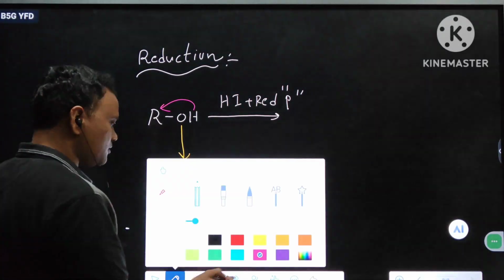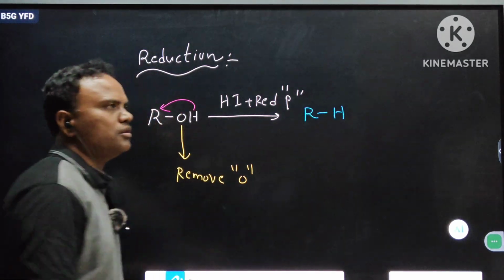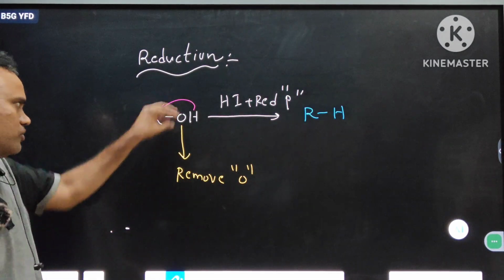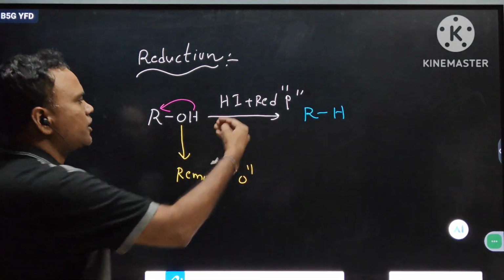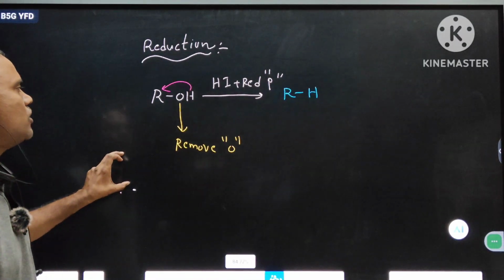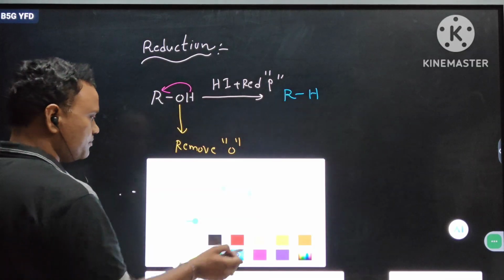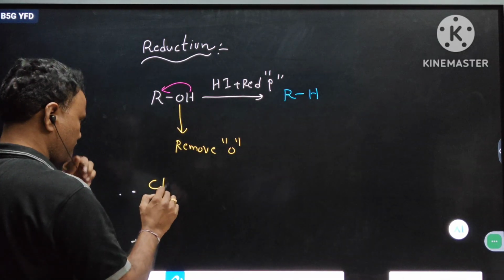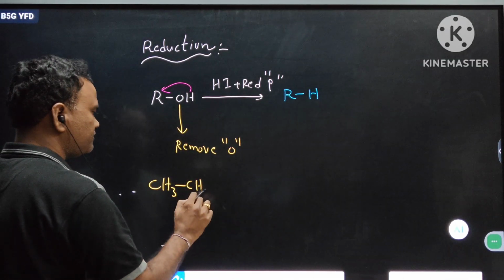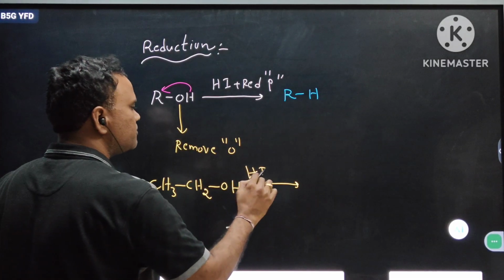Because reduction means removal of oxygen or addition of hydrogen. You are removing oxygen and hydrogen attaches to R part. See this example. HI, red phosphorus.